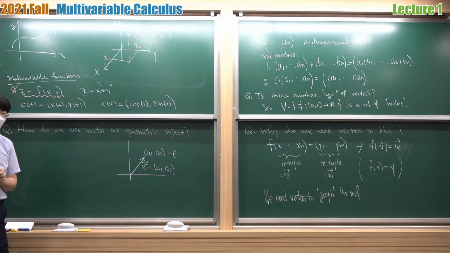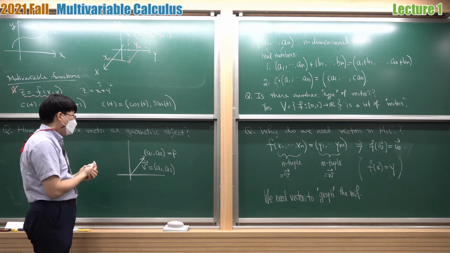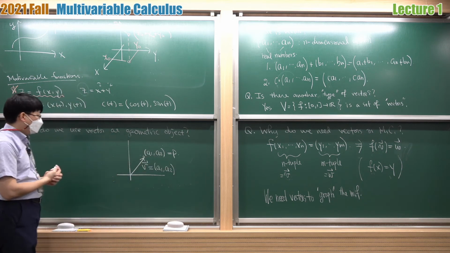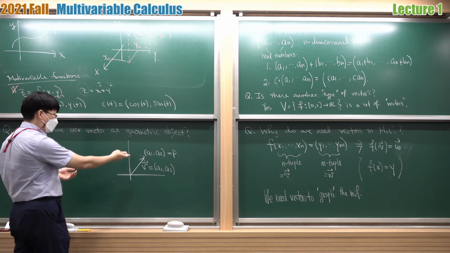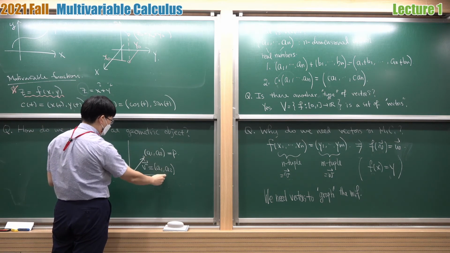So this kind of vector is called the position vector. It simply tells you the position of this point. Now, it obviously says that a vector has some geometrical properties because it gives you the geometric position of a point.